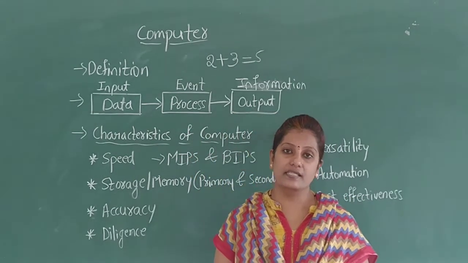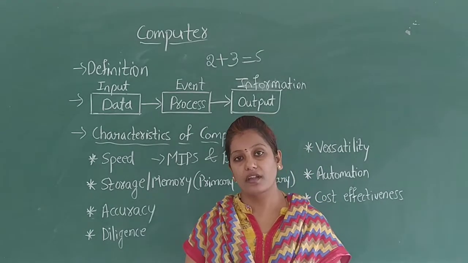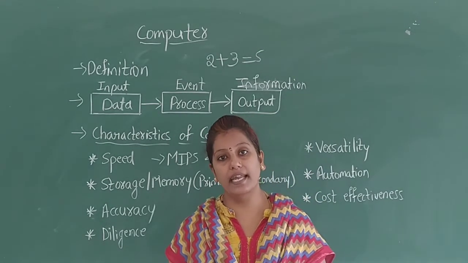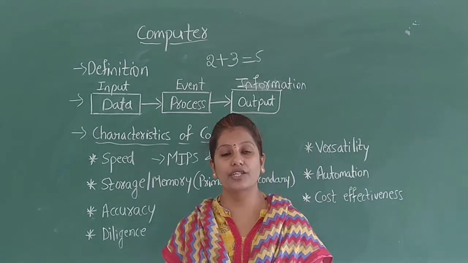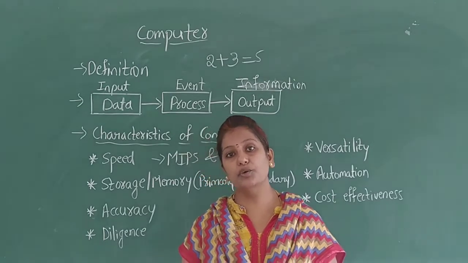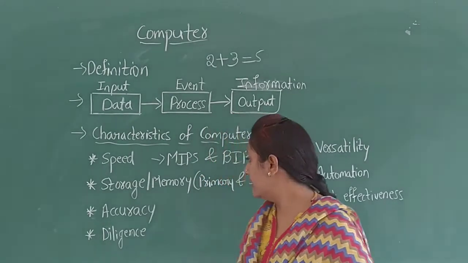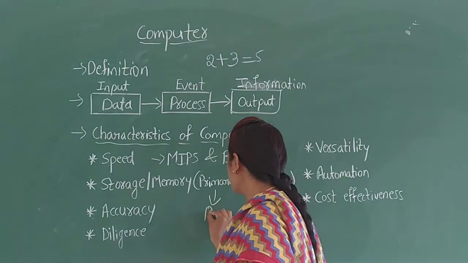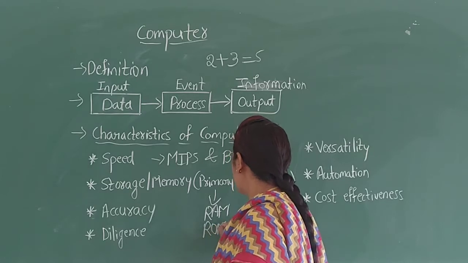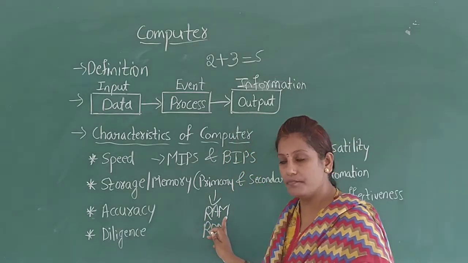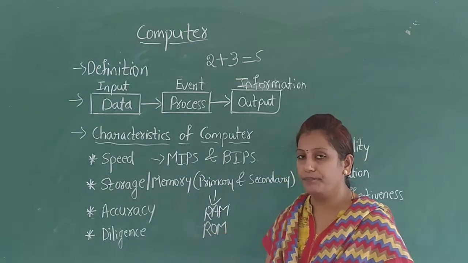Primary memory is considered the main memory which stores intermediate data, meaning processing data, in the memory locations temporarily, and it uses two types of devices, RAM and ROM. RAM stands for random access memory. ROM stands for read-only memory.